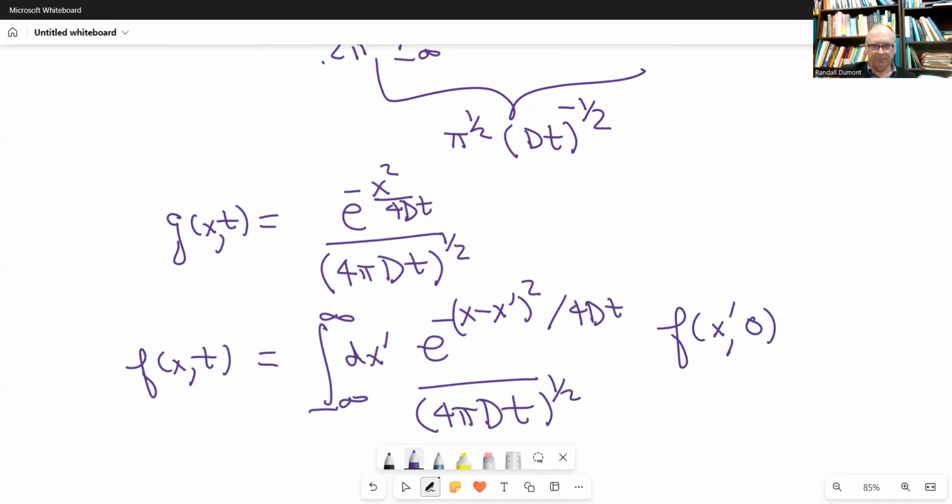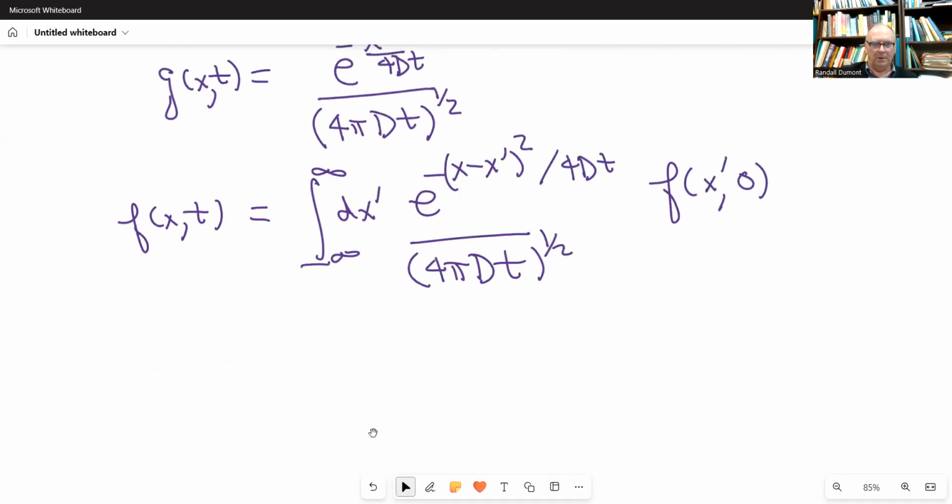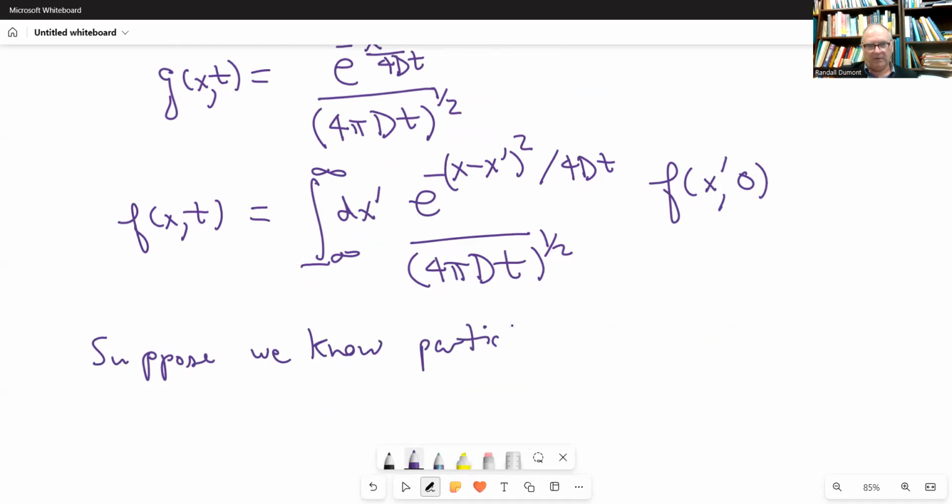Then in particular, suppose we know the particle is at x naught at time equals 0.